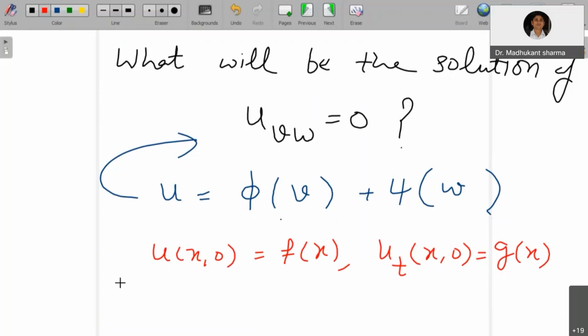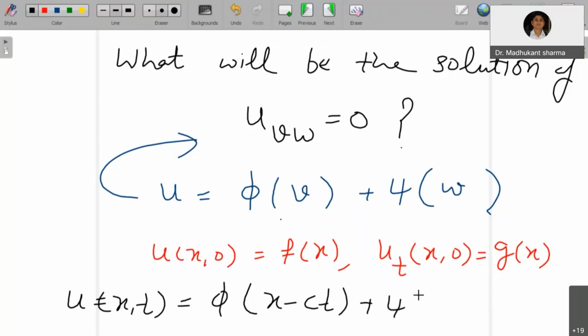So the final shape of u, that is u of (x, t), if I want to represent it, is going to be phi of (x minus ct) plus psi of (x plus ct). Now use this fact.